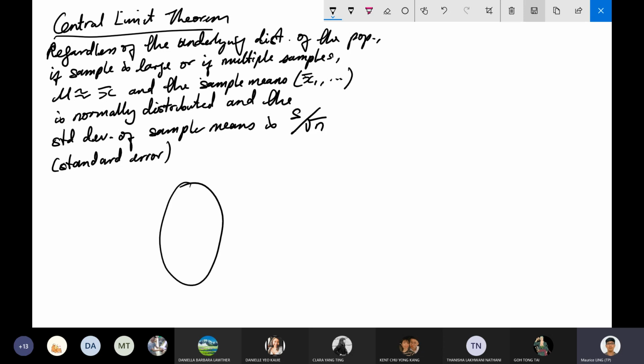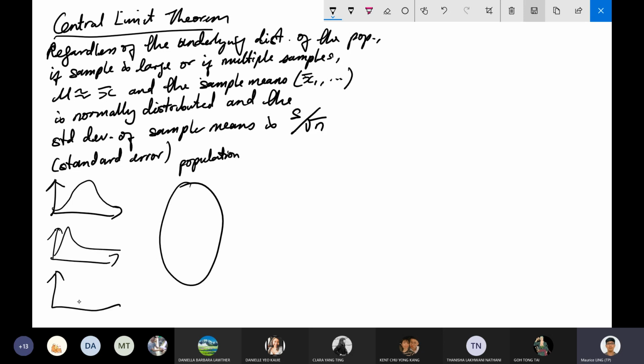For example, you have a population. Come back to this diagram again, population. It doesn't matter what is the distribution of this population. It can be normally distributed. It can be skewed. It can be all over the place. It doesn't matter.